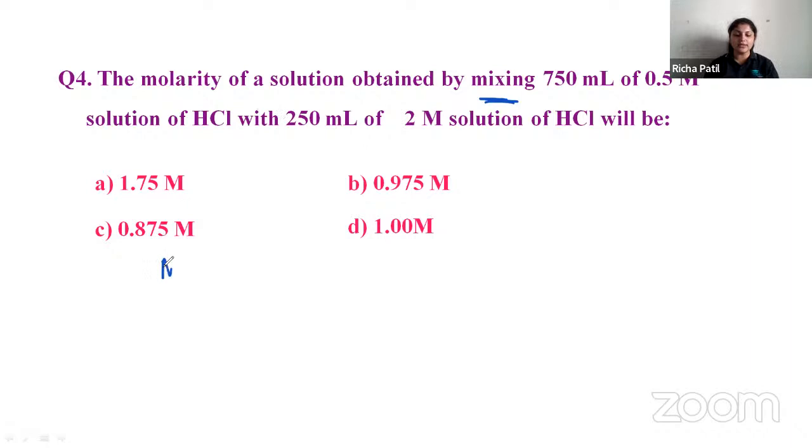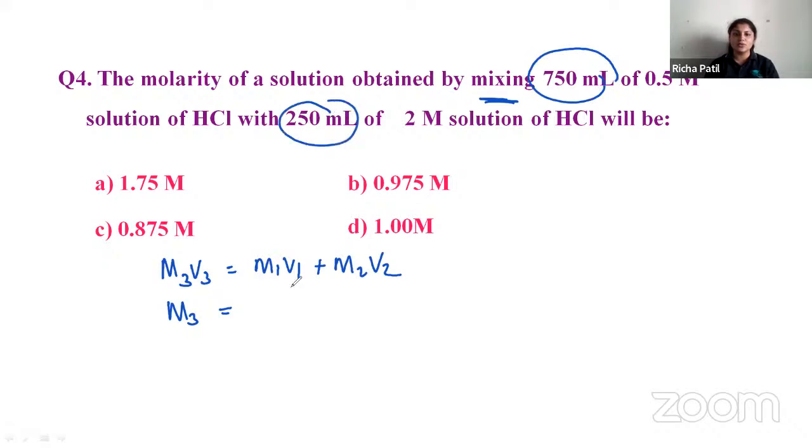How will you take this? It is M3V3 equals M1V1 plus M2V2. We have to find M3.